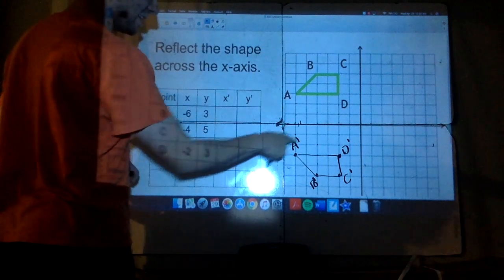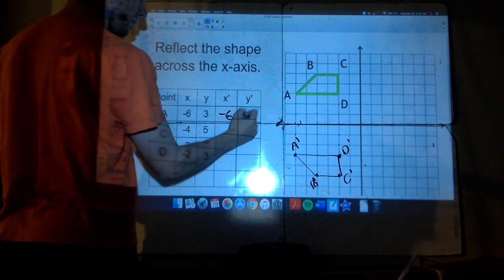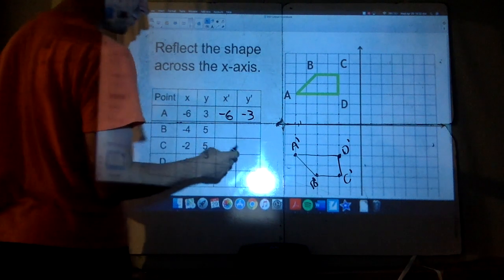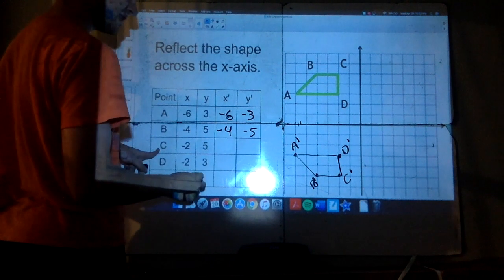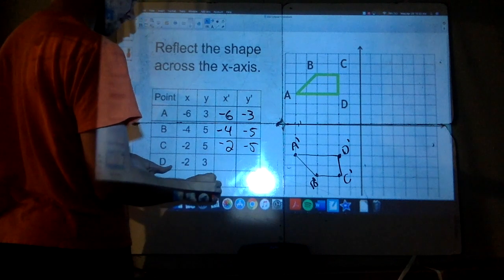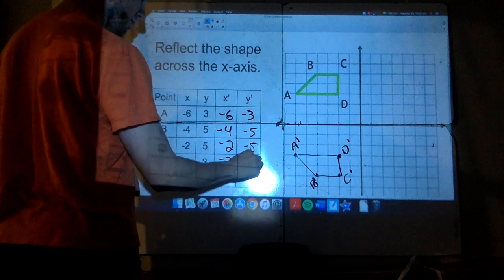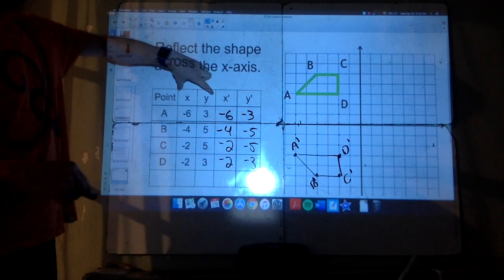Our first one, A, is back 6, down 3. B would be back 4, down 5. C would be back 2, down 5. And D would be back 2, down 3.